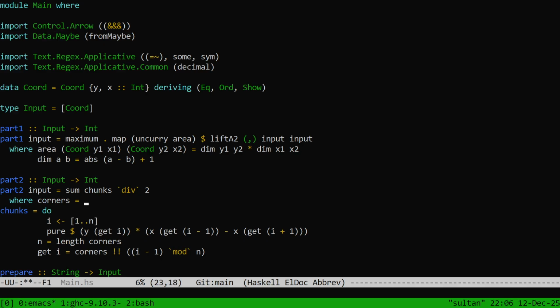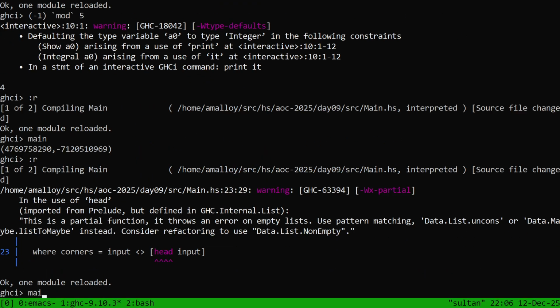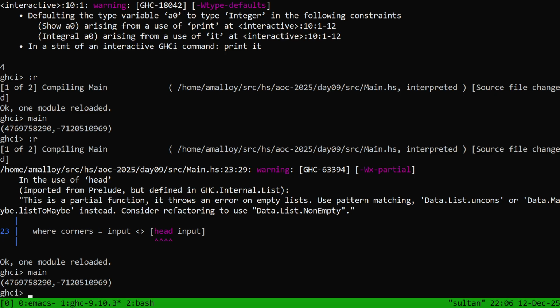Corners is input plus its own head, basically. Yeah, didn't make any noticeable difference. In fact, no difference at all. It's a little bit surprising, but maybe that's how... Yeah, that makes sense, actually.